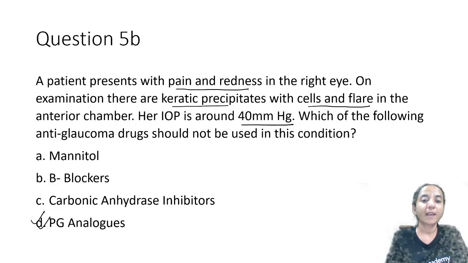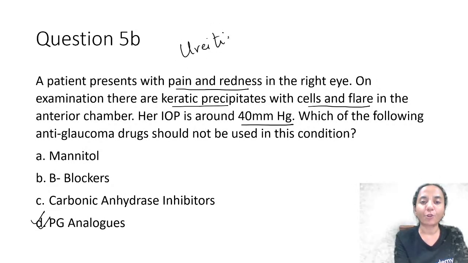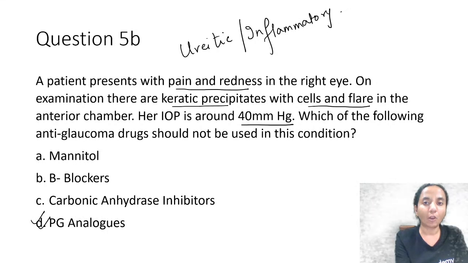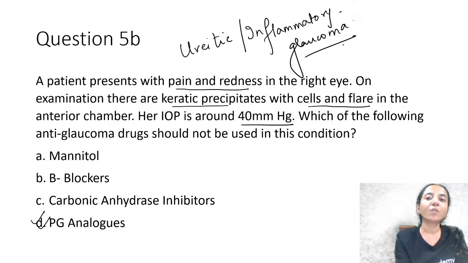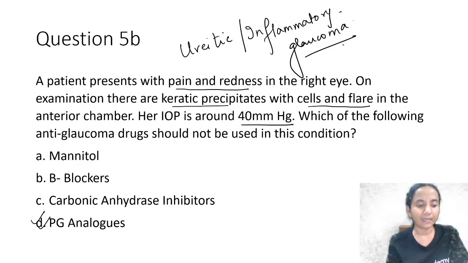So it is uveitis with high intraocular pressure. So it is a uveitic glaucoma, also called inflammatory glaucoma. So basically, the question is asking which class of drugs is contraindicated in a uveitic or inflammatory glaucoma.